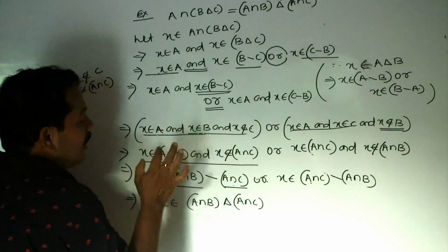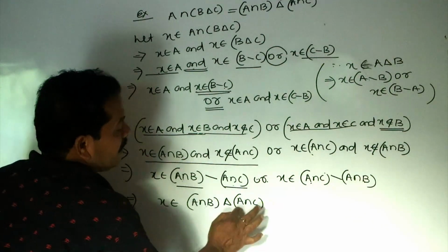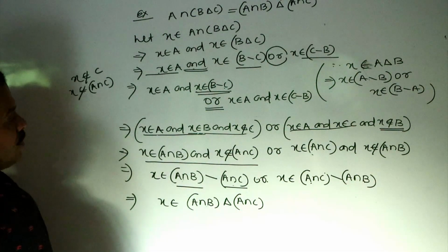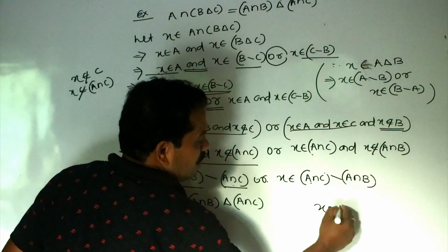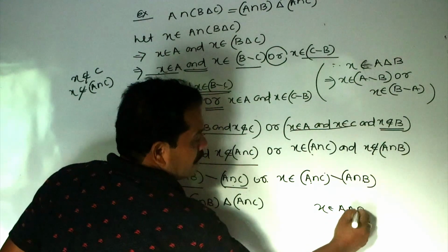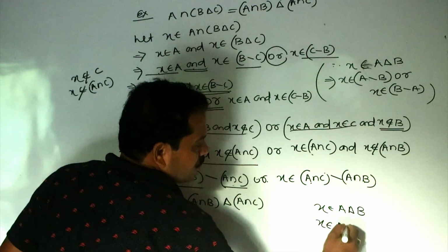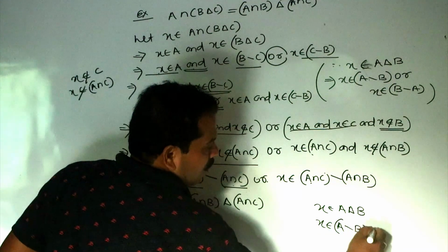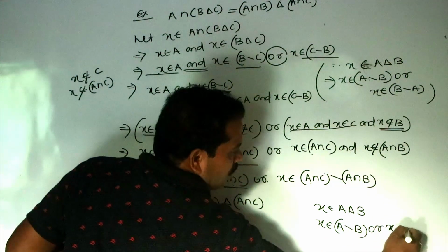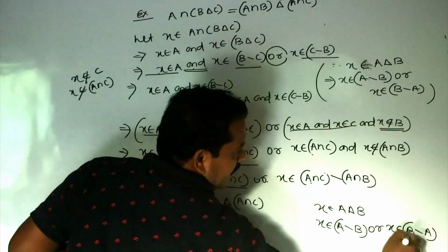So that is A intersection B delta A intersection C. We know that X belongs to A delta B. That means X belongs to A difference B or X belongs to B difference A.